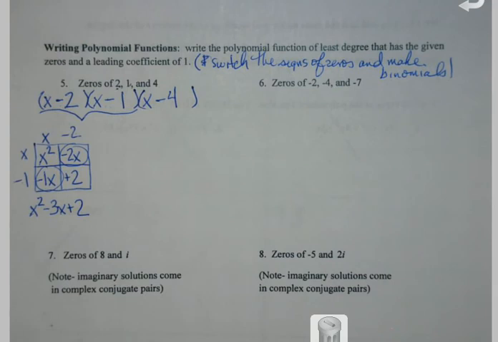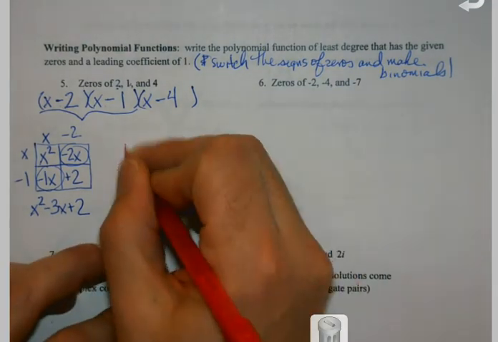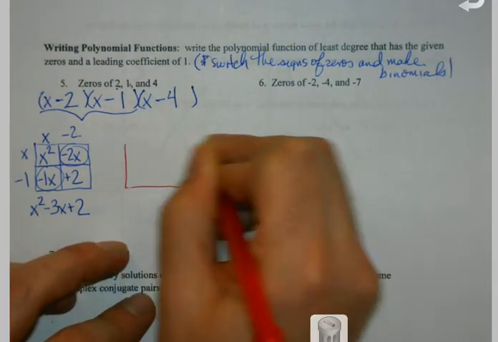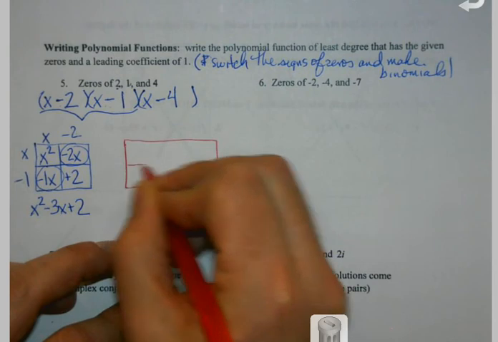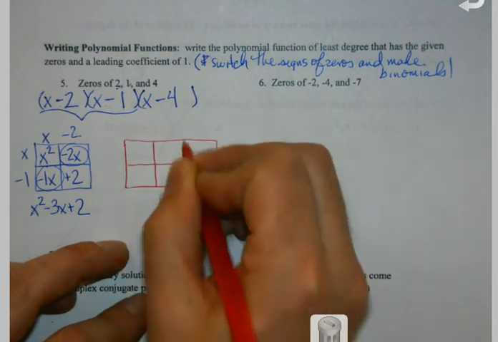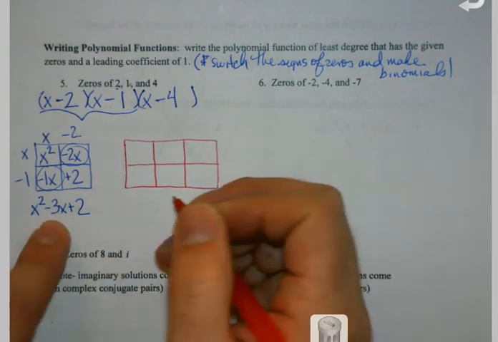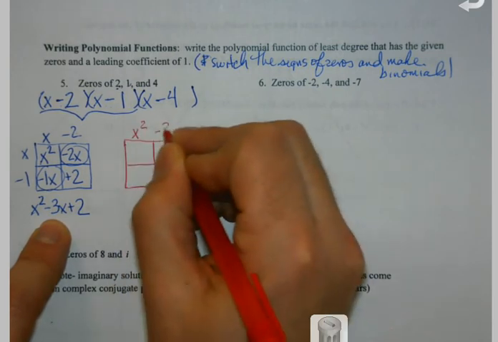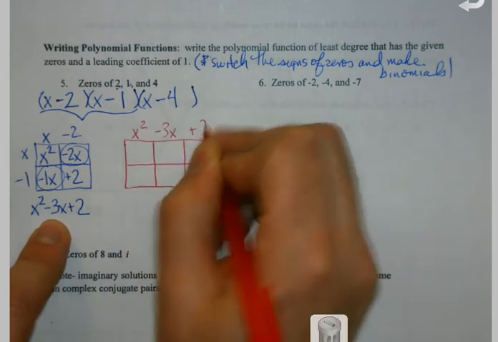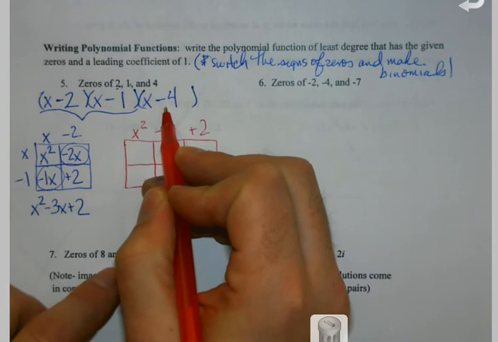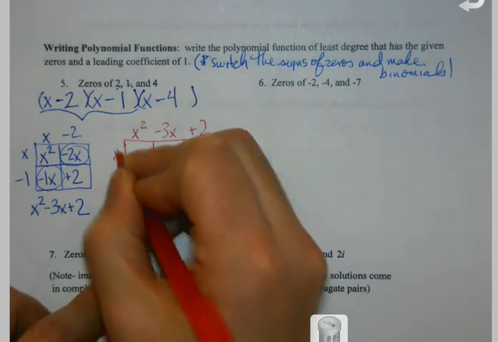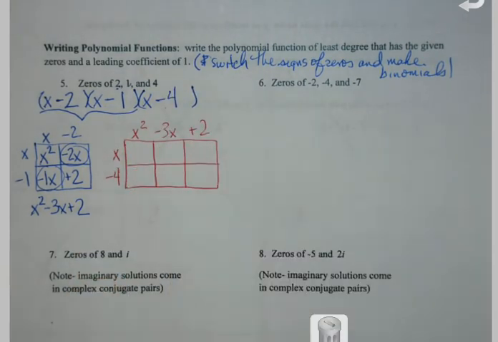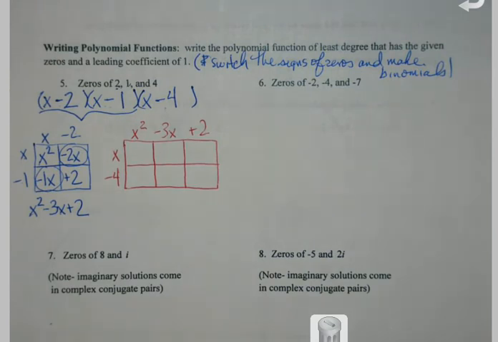So to get that last one ready to go, I'm going to have my 3 terms, and then I have this one last binomial here, this x minus 4. So I'll move that in along the side here, and then again, I'm multiplying to fill the box.